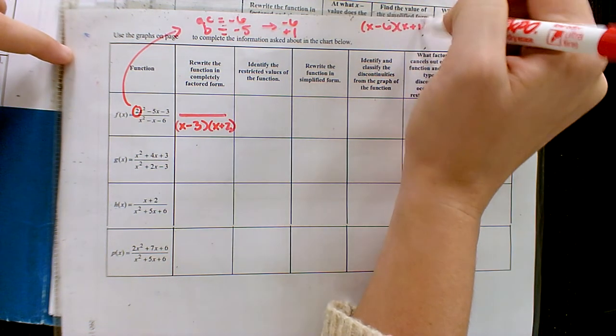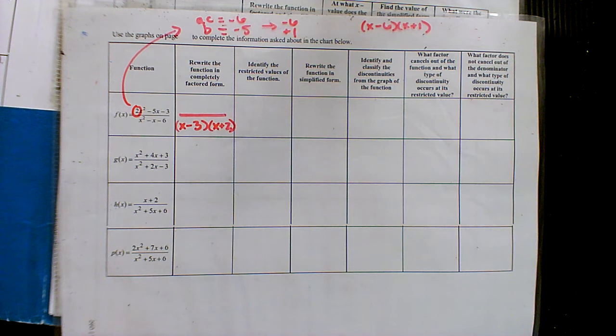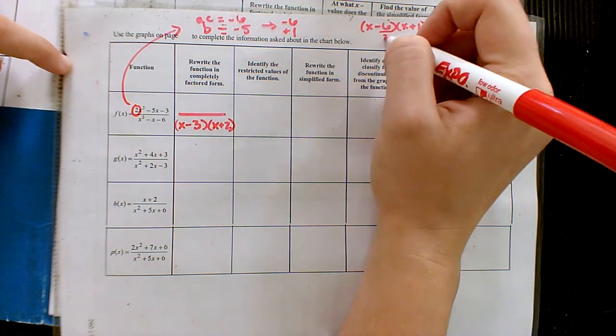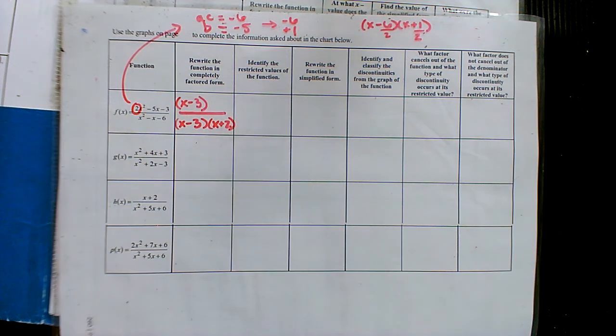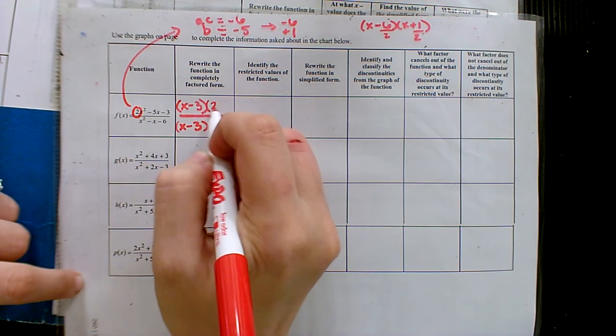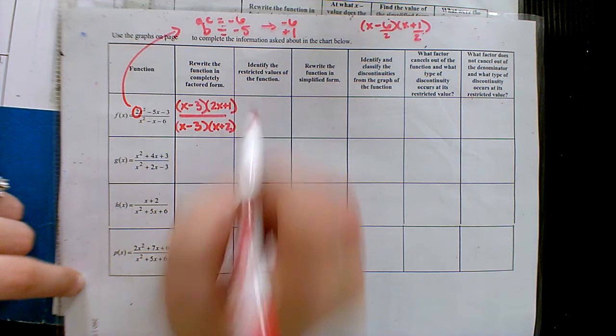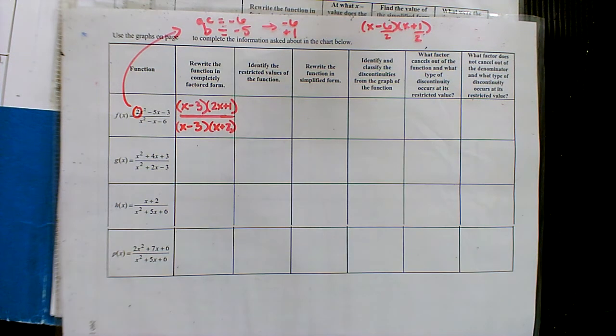I'm going to do divide and slide. Okay, x minus 6, x plus 1. Divide by the A value of 2. 6 over 2 can simplify to 3. 1 over 2 does not simplify, so we can slide the 2 in front of the x.